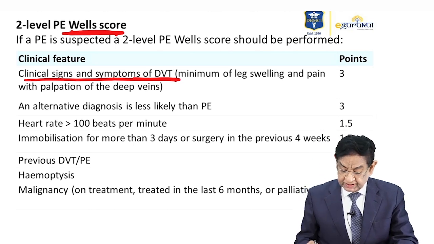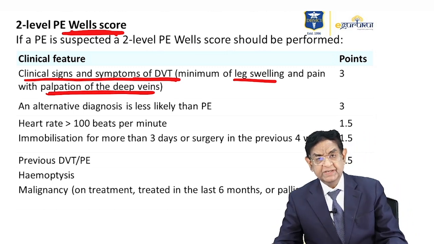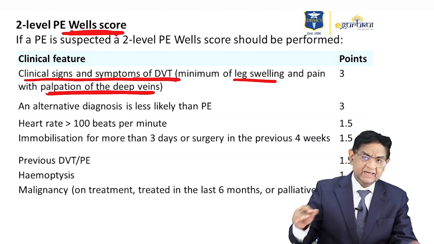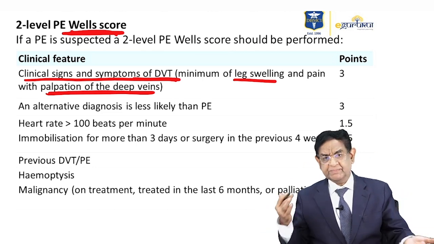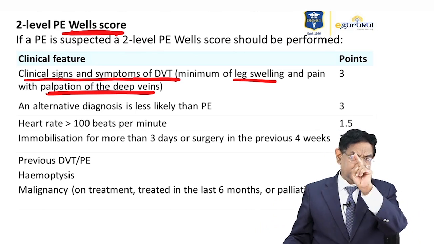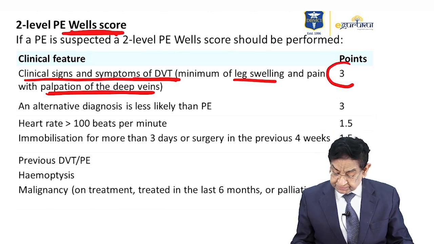How do you know? Leg swelling and pain, and palpation of the deep veins. You palpate the deep veins in the leg and there is tenderness, and the leg swelling is on one side. How do you know? You can compare between the two, and if you are getting swelling, that means you are dealing with deep vein thrombosis. You get 3 marks.